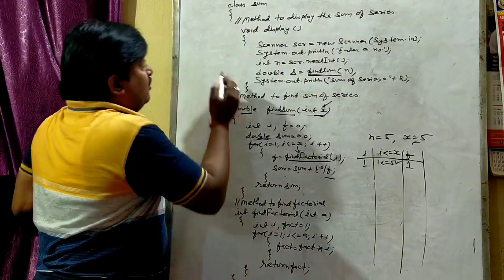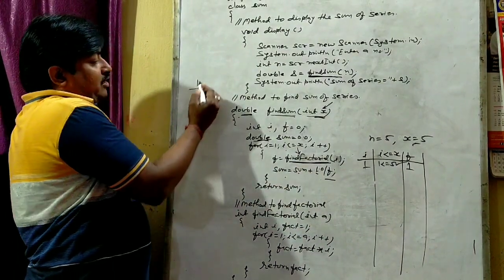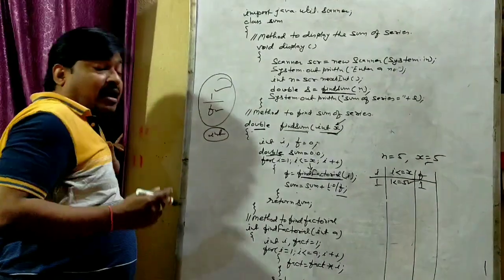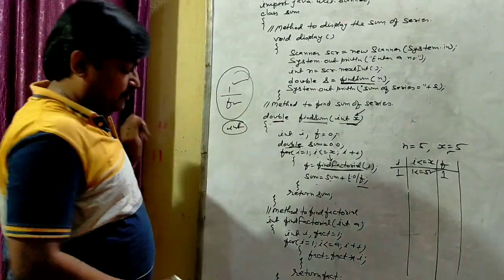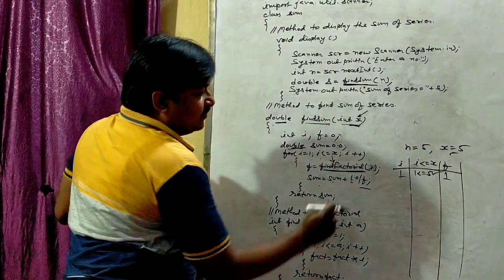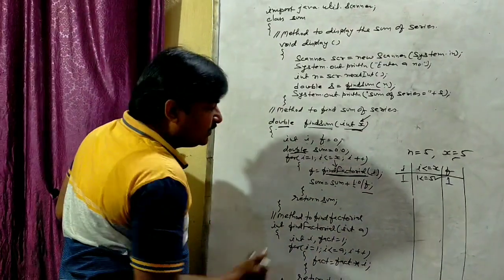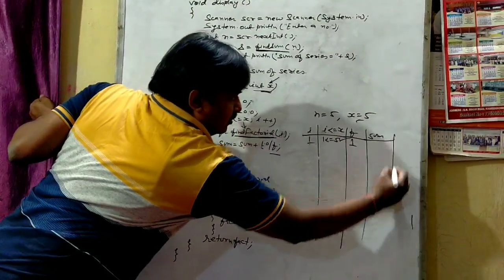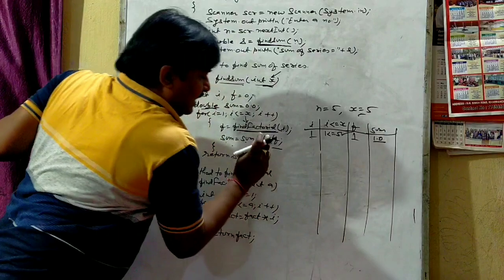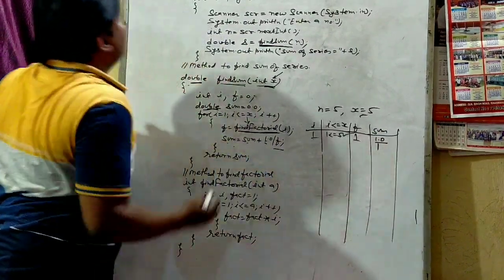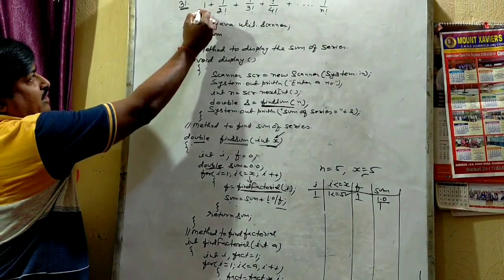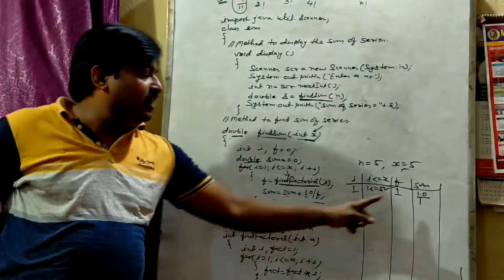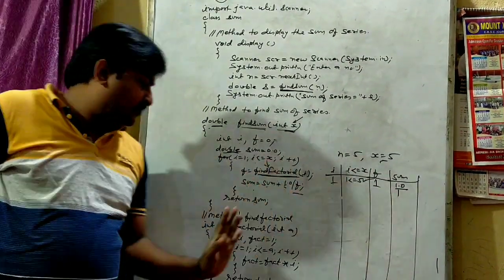Because if we take 1 by factorial, both are integers, so the result also comes as an integer, and our result may come wrong. That's why I took 1.0. So sum equal to sum plus 1.0 by f, and the value of f is 1. Focus here, this is actually 1 by factorial of 1. This way we calculate our first term.